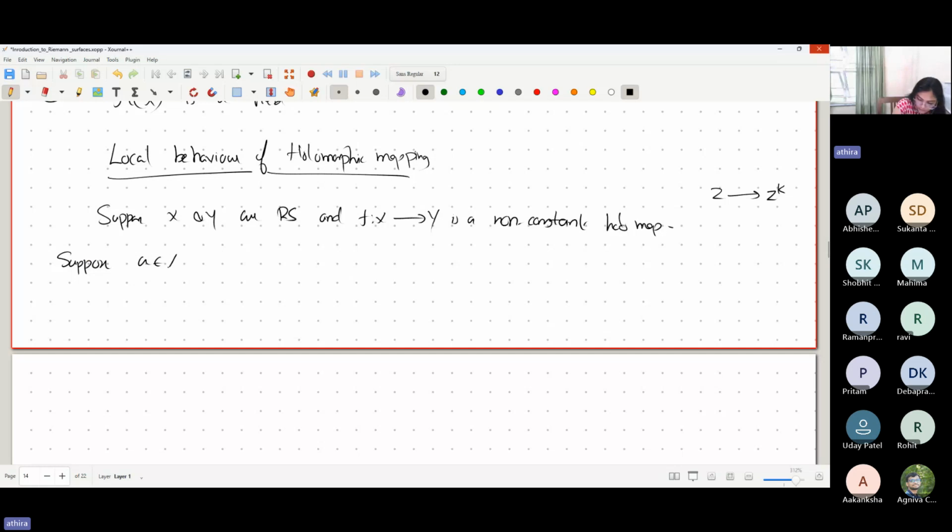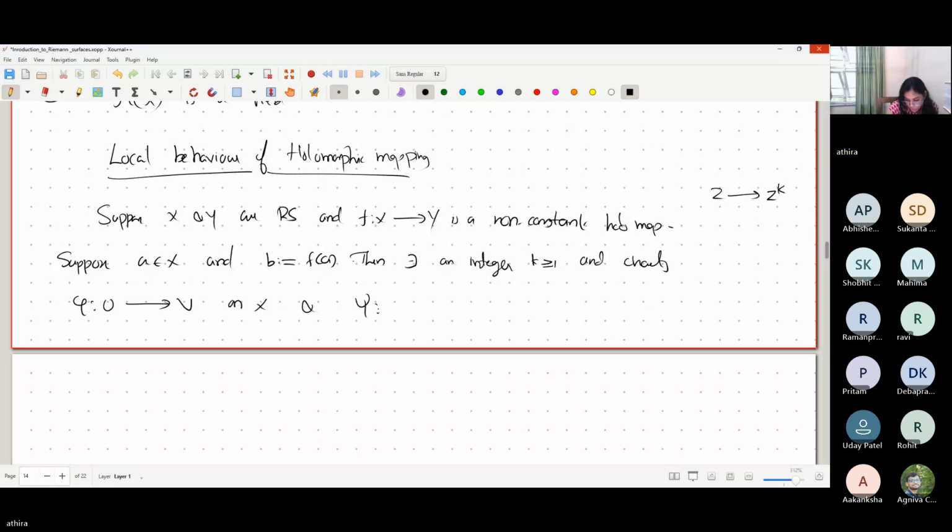Suppose a belongs to X, and I'm denoting b as f(a). Then there exists an integer k greater than or equal to 1 and charts phi from U to V on X and psi from U' to V' on Y with the following properties.